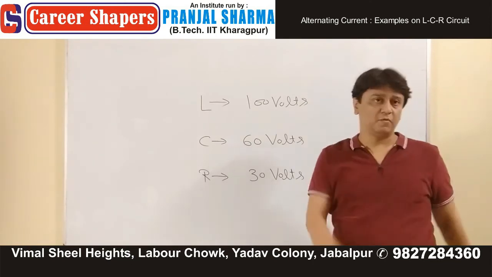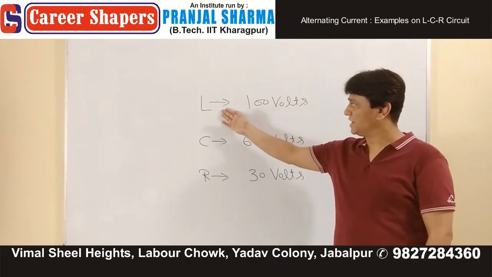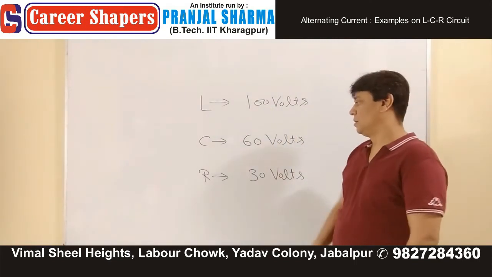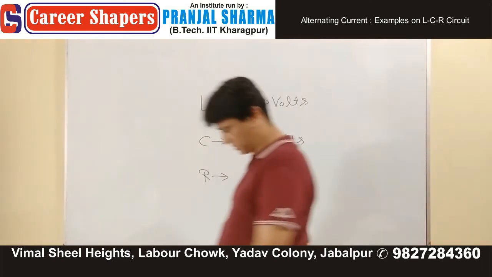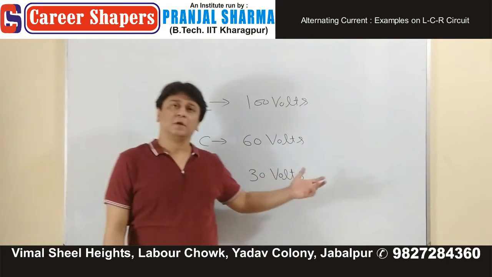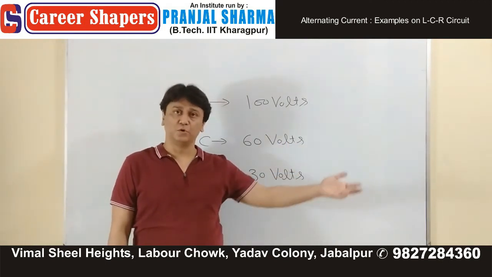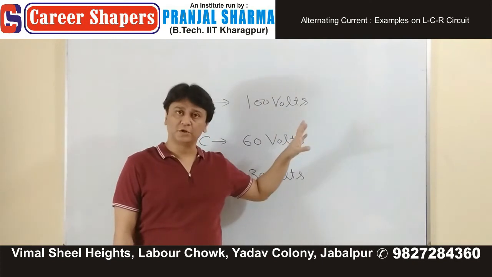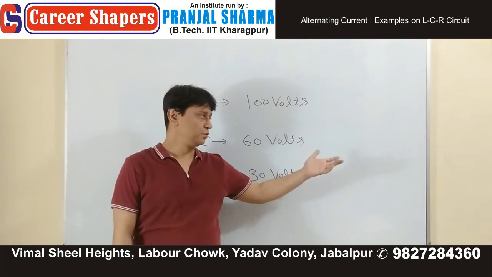First tell me, when I give you potential difference across the inductor as 100, for capacitor 60, for resistor 30, what are these values? I'm just taking an idea from you if somebody knows it. I have not told you this, so if you don't answer, there is no issue.